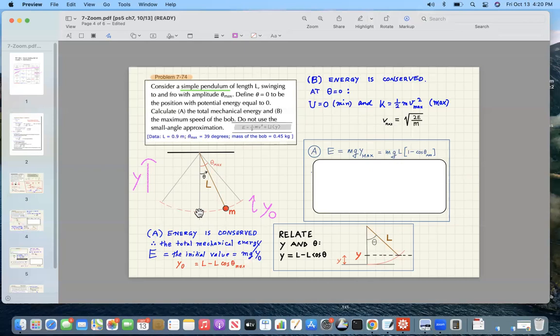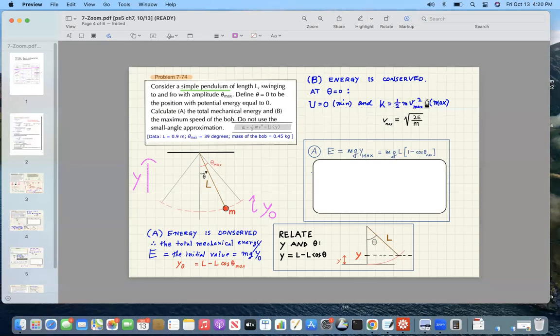We call that ground level. So U is 0, K is a half m v squared at the equilibrium point, so this kinetic energy has to be the same as the initial energy.